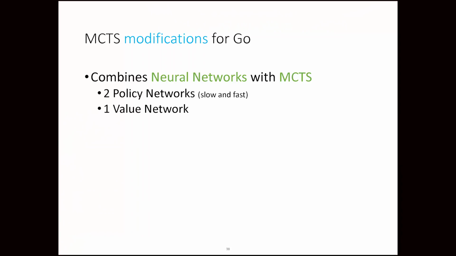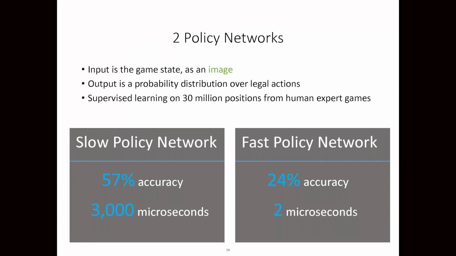And another big coincidence here, the 2 policy networks are actually CNNs, which we learned specifically about last class, convolutional neural nets. The reason for that is the input to the policy neural networks is an image of the game, and convolutional neural nets work really well with images. What it outputs is a probability distribution over the legal moves.